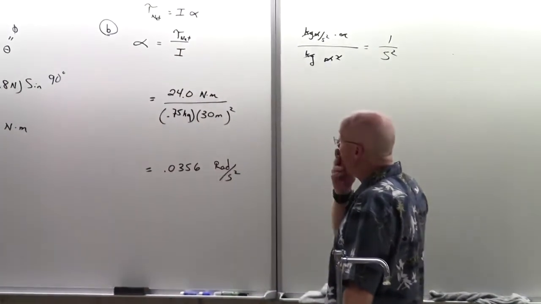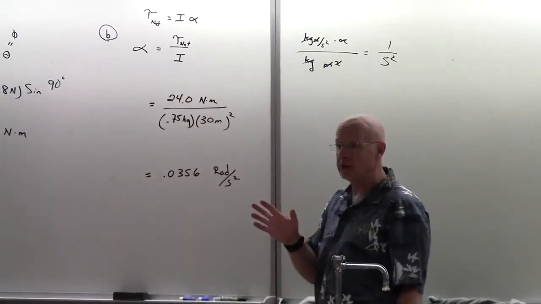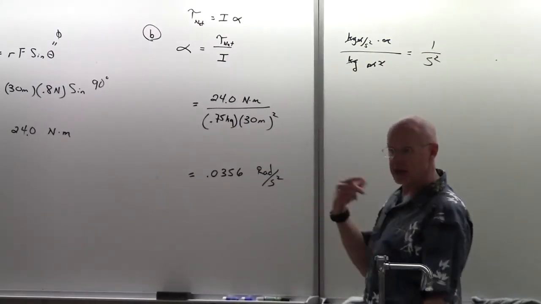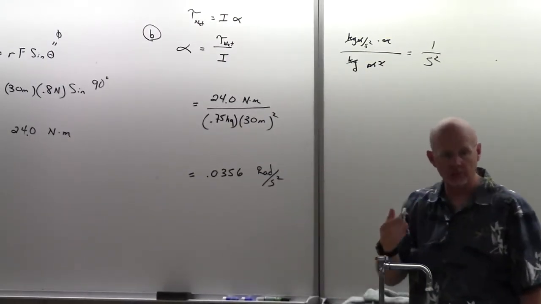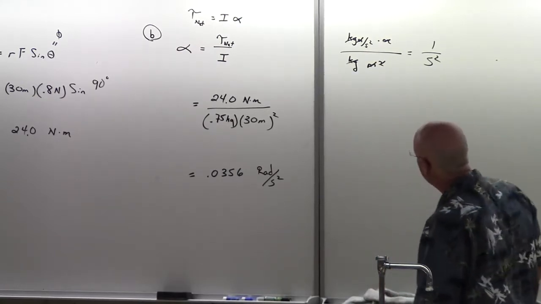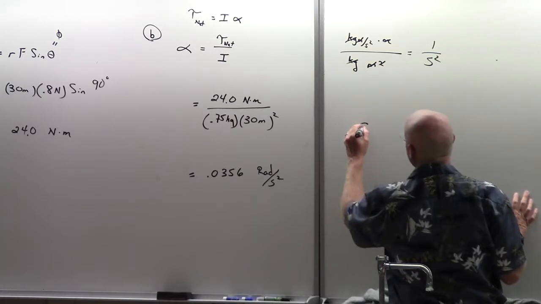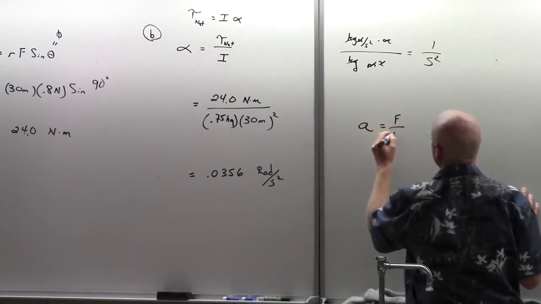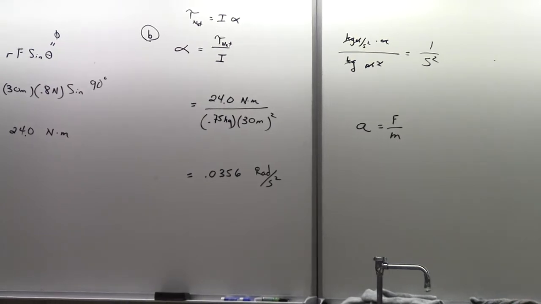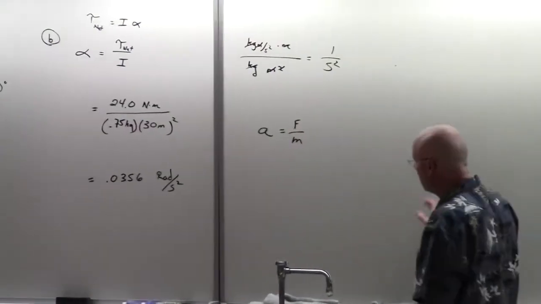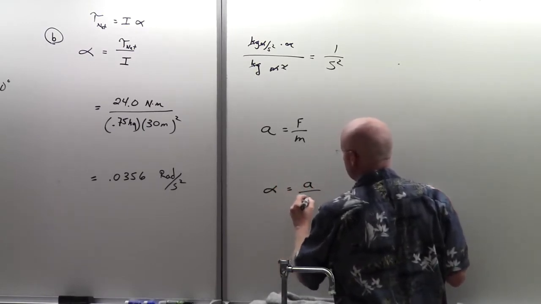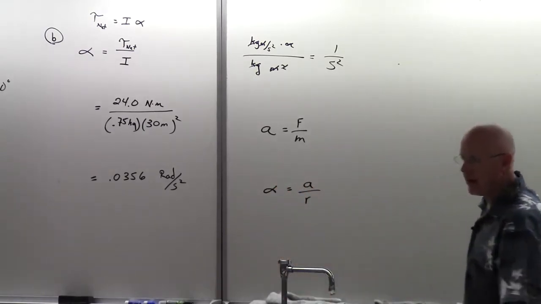Now, we could have approached this a little bit differently. I like this one the best because it does illustrate the rotational motion, which is what this chapter is all about. But we could have done this. Couldn't we have found just the acceleration, what I'll call the translational acceleration? And then didn't we learn that the angular acceleration is the translational acceleration divided by the radius?